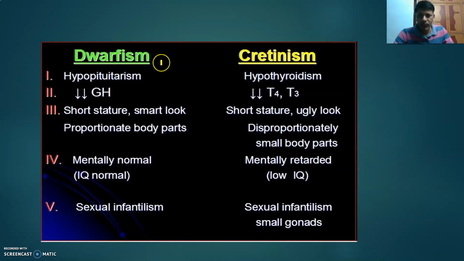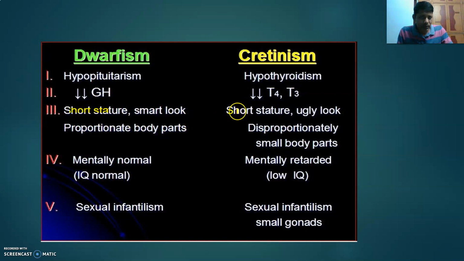What is the difference between dwarfism and cretinism? Hypopituitarism, low secretion of growth hormone, causes pituitary dwarfism. Cretinism is because of hypothyroidism, low secretion of T4 and T3. Both have short stature.